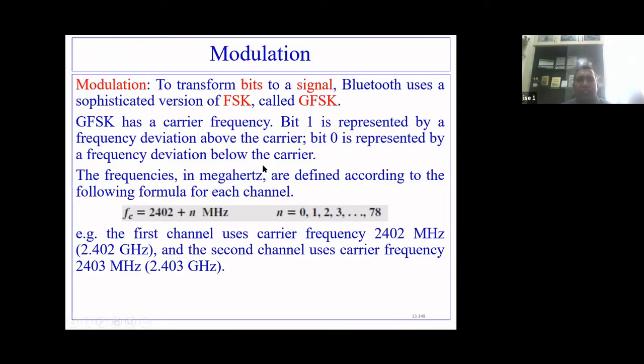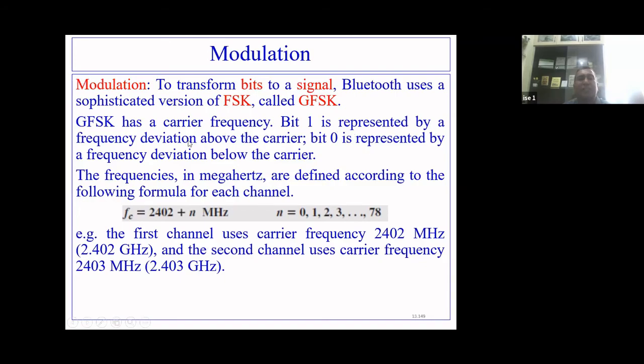So the modulation works something like this. To transform the bits to a signal, Bluetooth uses a sophisticated version of frequency shift keying called GFSK. In GFSK, you will have a carrier frequency.